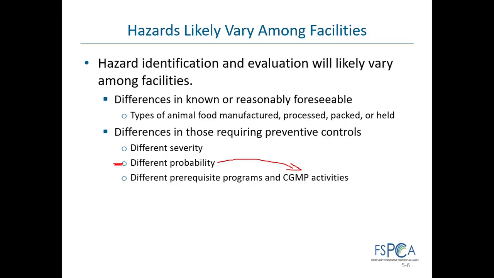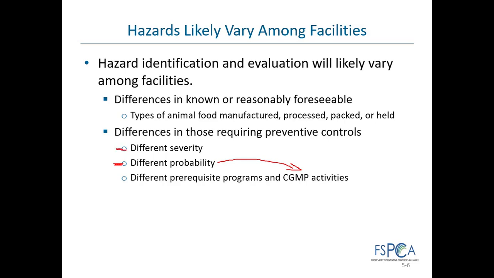And if we were to compare your facility to a facility that doesn't have very good CGMPs or doesn't monitor any of their CGMPs, the probability of the hazard happening in that facility is increased because they don't have a good established CGMP program. Okay, so probability is flexible given what's going on in the facility.